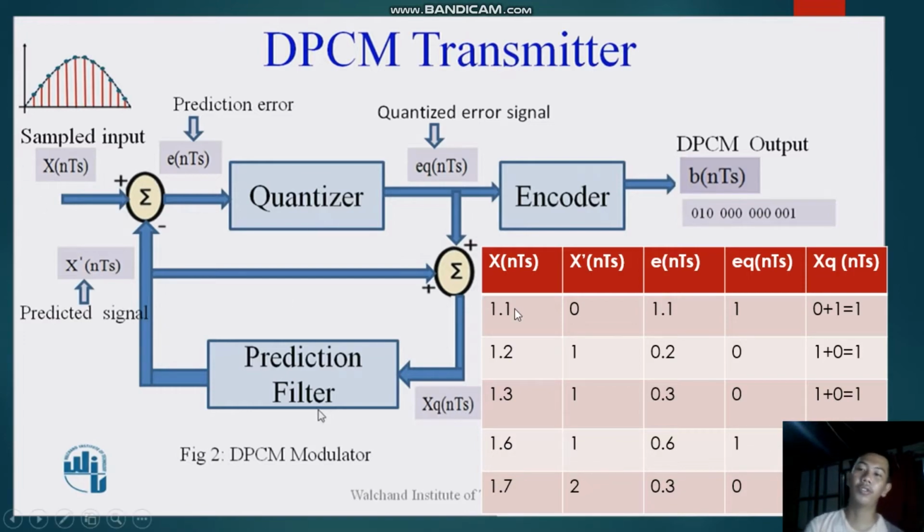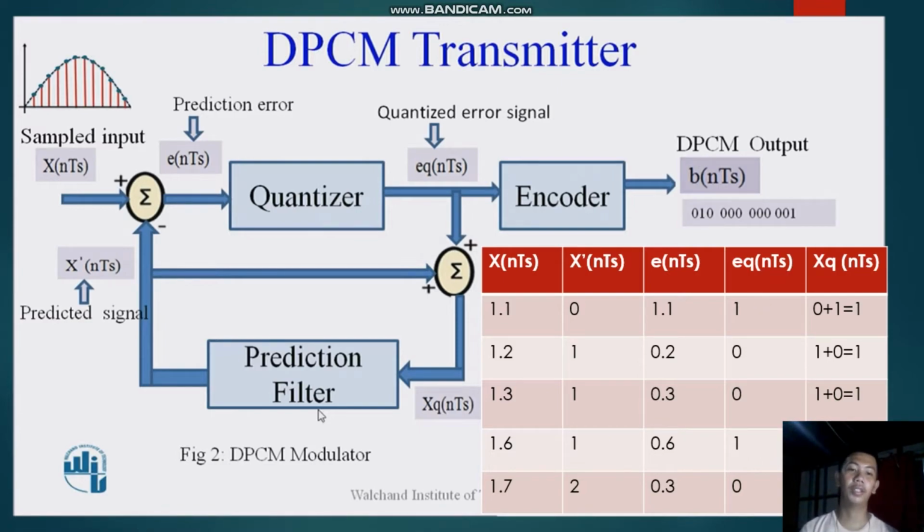So first we have an input of 1.1 passed through our adder. We have here a predicted signal of 0. We have a prediction error of 1.1. Prediction error is the input signal minus the predicted signal.